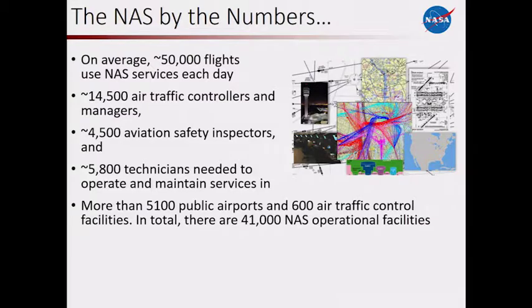Now, here's the first time that word complex is going to come up. This is just looking at the infrastructure required to operate within the NAS. This does not include any of the pilots who are actually flying in the NAS. If they're flying for an airline, it doesn't include any of the dispatchers or gate managers, gate agents, schedulers, crew service, right? It doesn't include any of those folks.